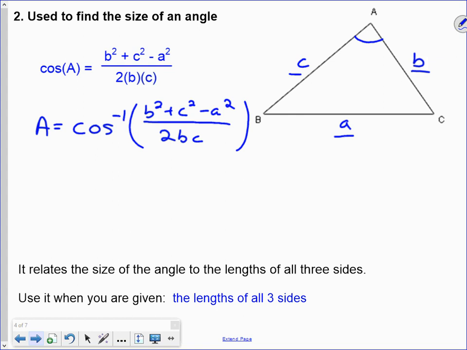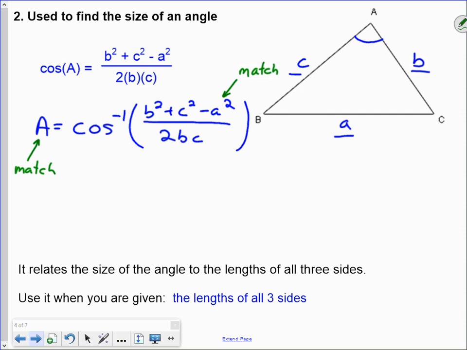Now, the setup of the terms on the right-hand side is important. Notice that we're adding together b squared and c squared, and then we're subtracting a squared. The one that we're subtracting has to match up with the angle that we're trying to find. So if we're trying to find angle A, we're going to be subtracting a squared up in our numerator.